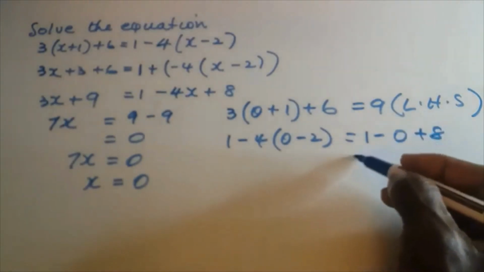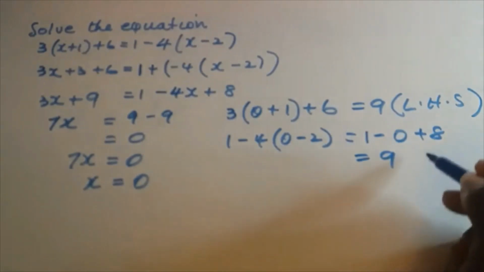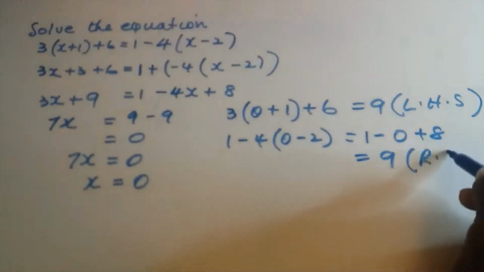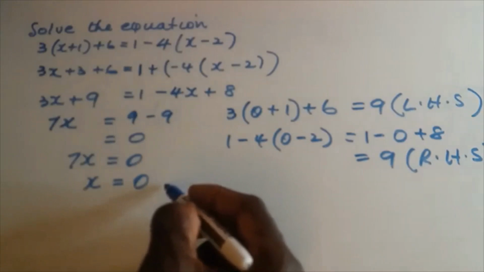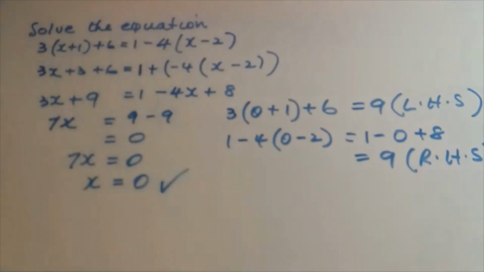And this also gives us 9. So we have the right hand side being equal to the left hand side, which indicates that our solution x equal to 0, though it might look a bit strange, is the solution to this equation.